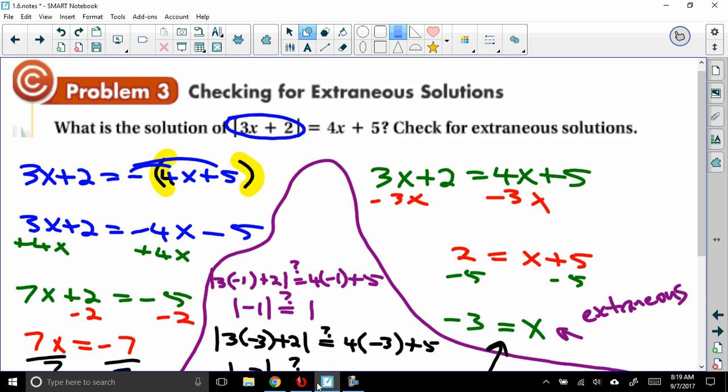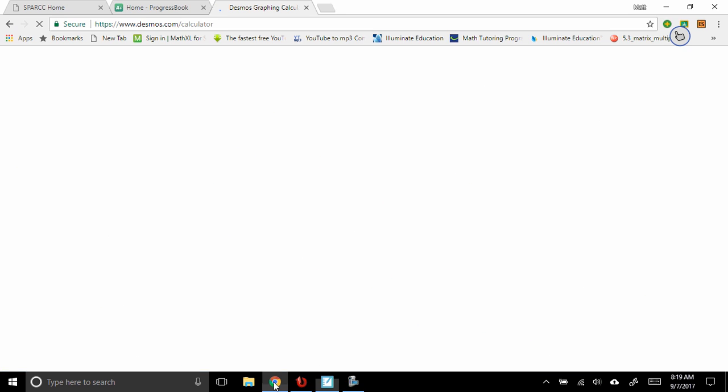So when I go to Desmos, I'm going to graph the absolute value of 3x plus 2, and I'm also going to graph 4x plus 5. And I'd like to see where those graphs meet, if the web page decides to load.